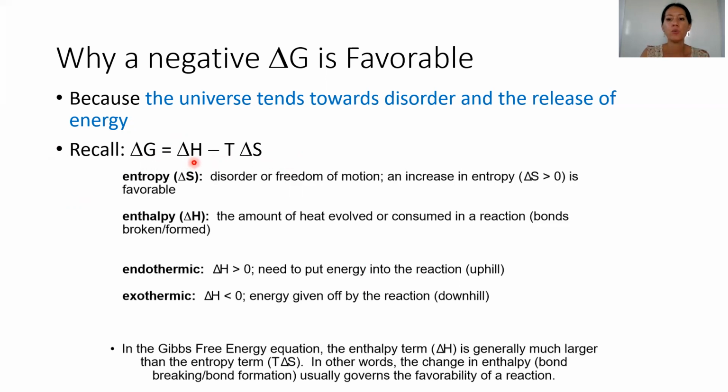This is related to energy of bonds breaking, bonds forming. And delta S is disorder. So if there's more disorder in the universe, this becomes more negative. If heat is released and enthalpy is negative, this becomes negative. So both of those are favorable towards a reaction occurring, making delta G negative.